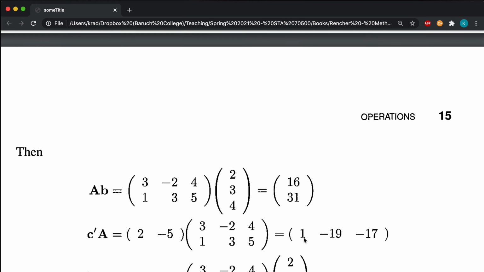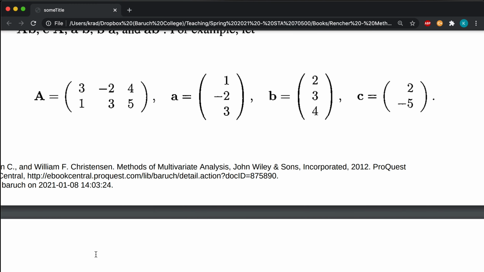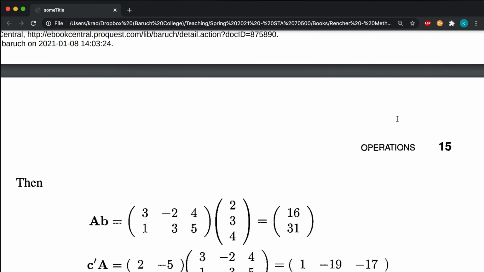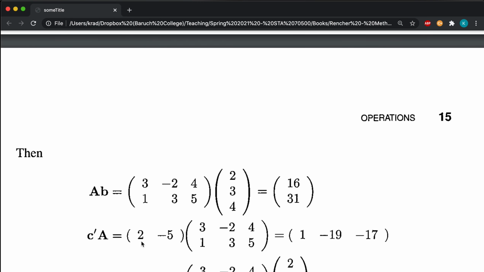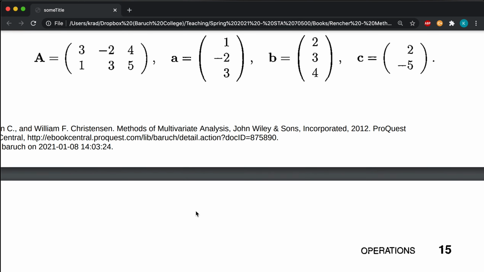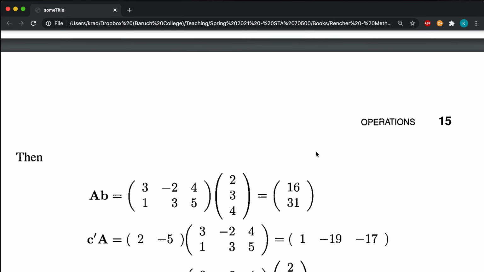Okay. Now here we have another vector. Recall, c was a column vector, so c transpose is a row vector.